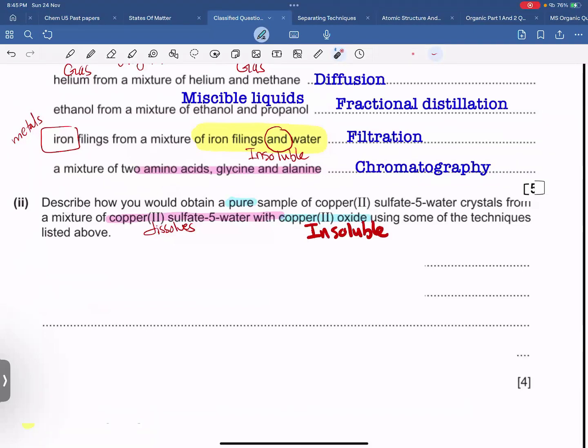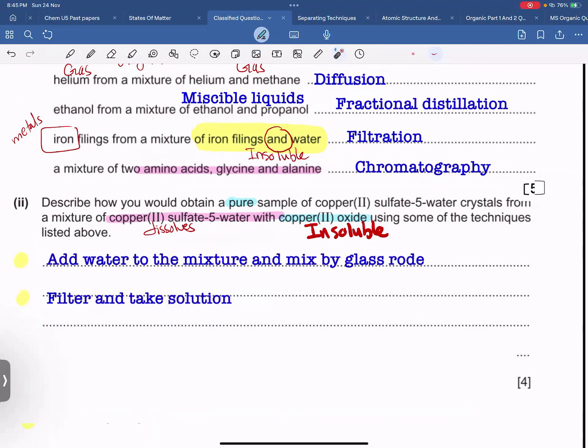So that means copper(II) sulfate is already soluble in water. Copper oxide is insoluble. Most metal oxides are insoluble in water. So using this technique: add water to the mixture and then mix with a glass rod. Then filter and take the solution. The solution is for copper sulfate.